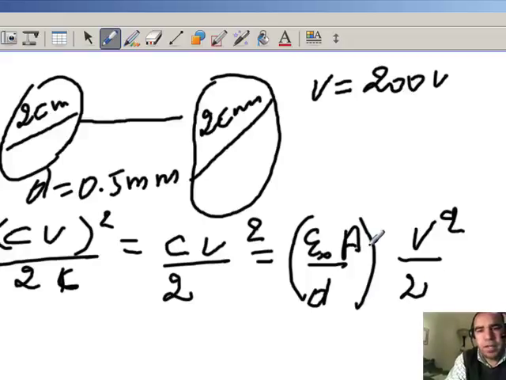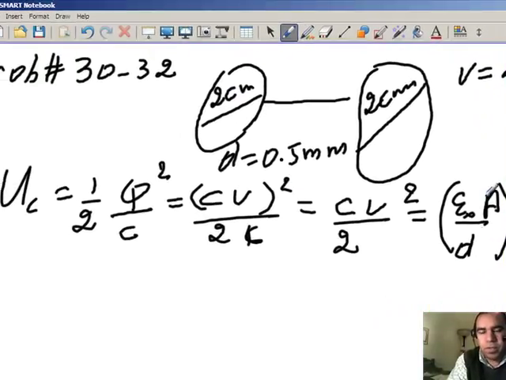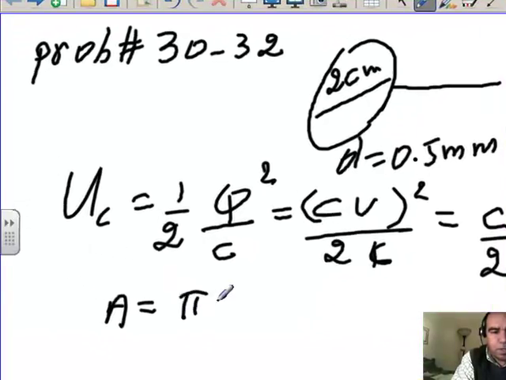Now I have A, since I know the diameter. D is given, epsilon 0 is given. So let's evaluate what is A. The radius is 1 centimeter, so the area is pi r squared, like this.